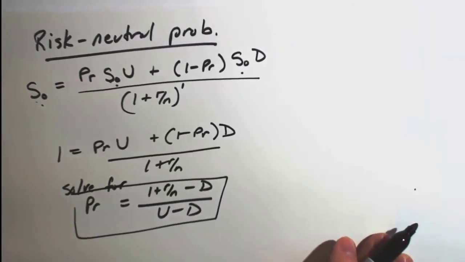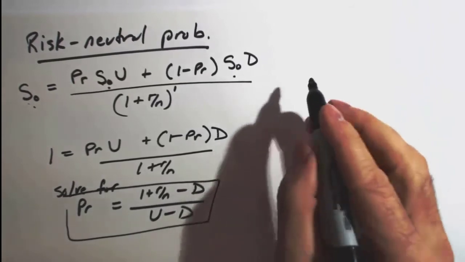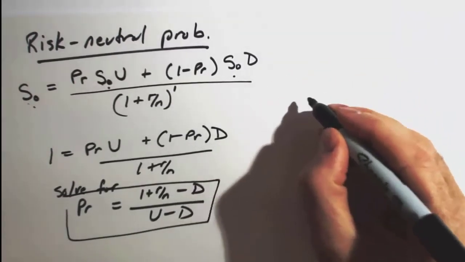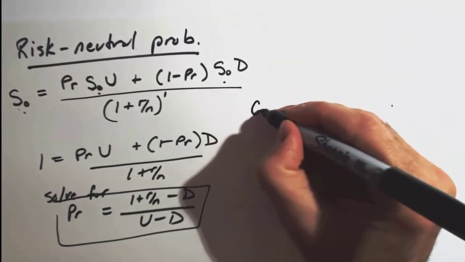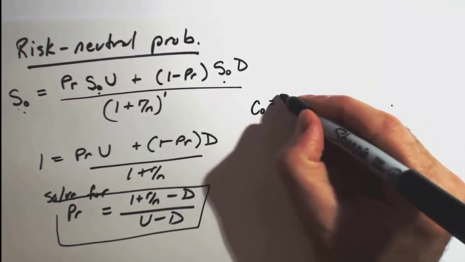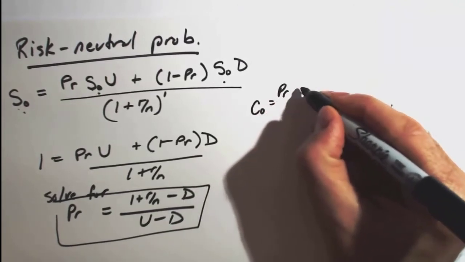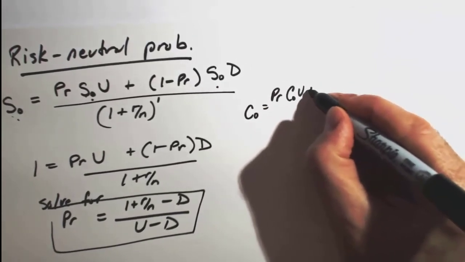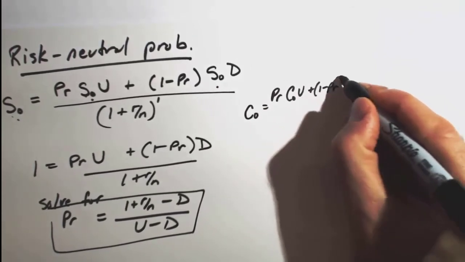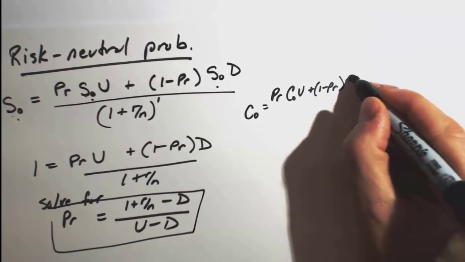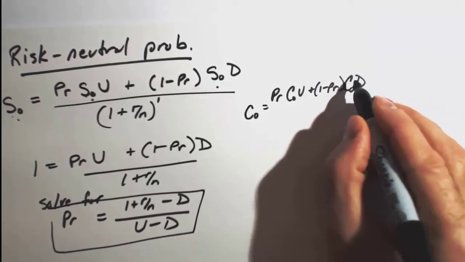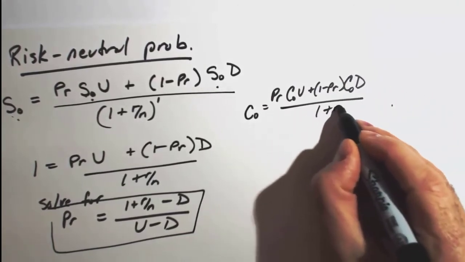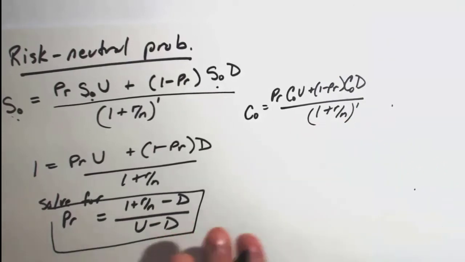And that risk-neutral probability can also be solved for with the call. You can take the call today and look at it as the probability of the call going up plus 1 minus the probability of the call going down, divided by 1 plus R to the N to the 1 power.